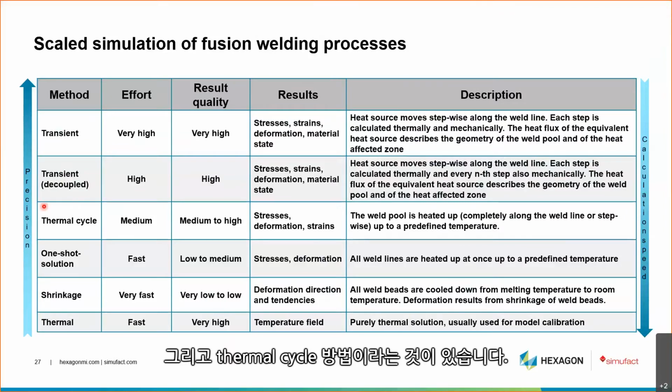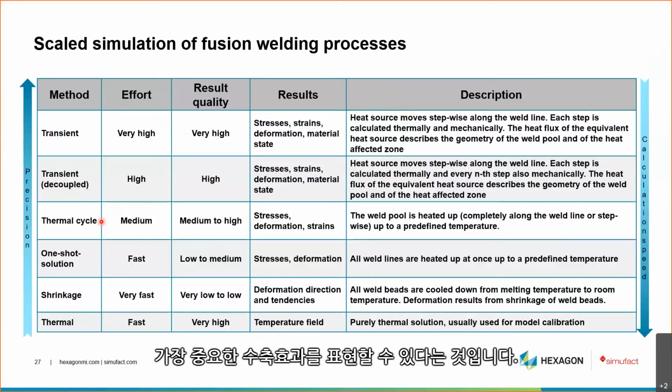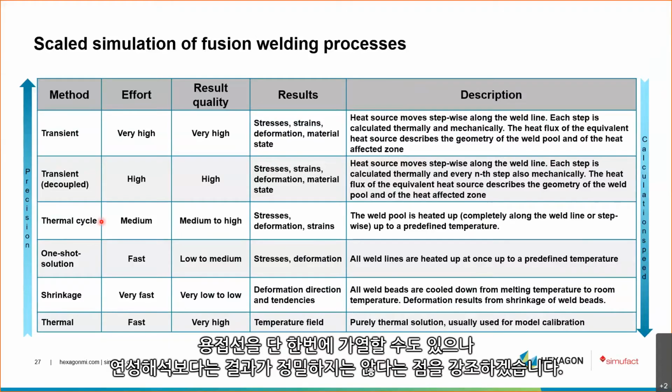Then we have the so-called thermal cycle method. For example, if you have a very long and very straight weld line, it takes a lot of time steps to calculate the movement of the heat source along the weld line, but the most important effect here might be the shrinkage effect. To capture it, it is maybe sufficient only to heat up the weld line at once.